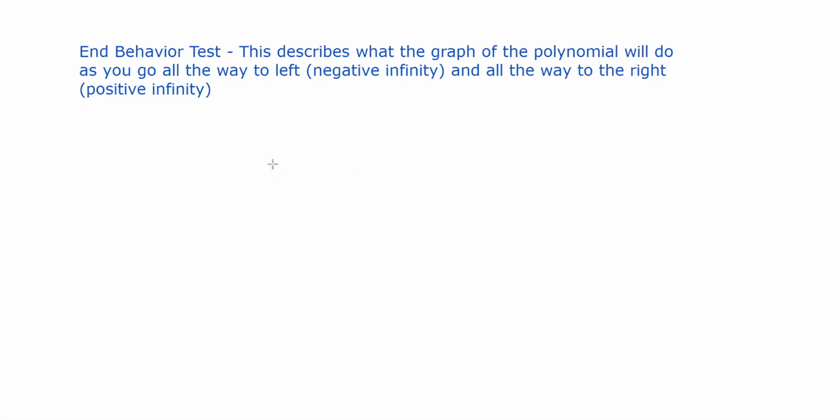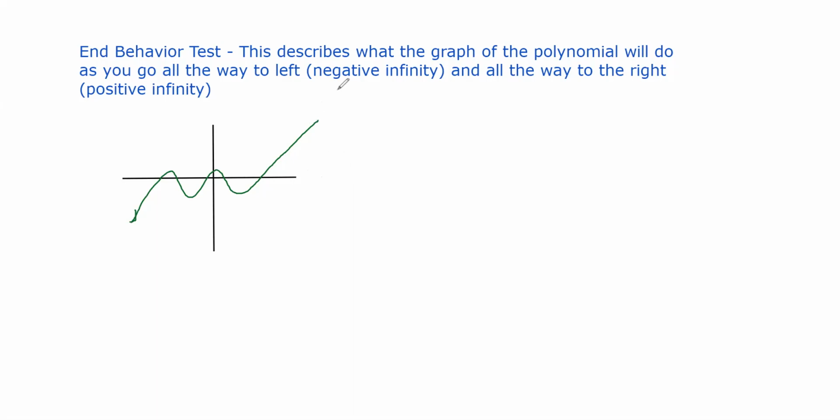In other words, what will the polynomial do if I take a simple graph and I graph the polynomial, let's make it green, and I go like, woo, and it won't quite be that straight, but whatever. The lead coefficient test is interested in what does the polynomial do as I go along the right on the x-axis.